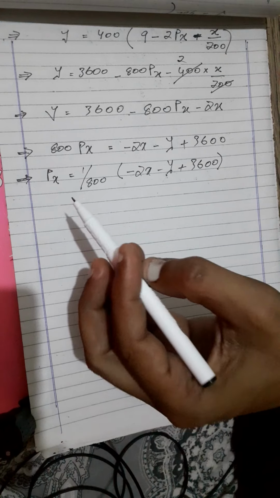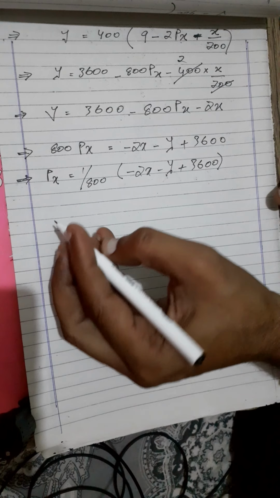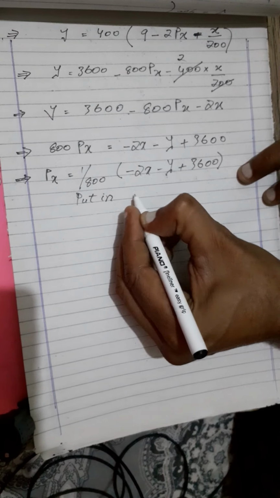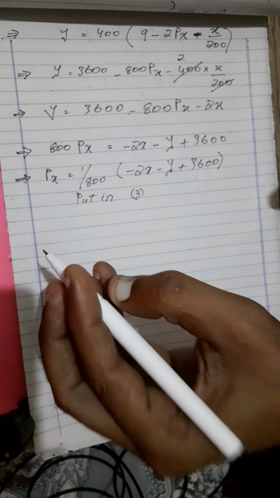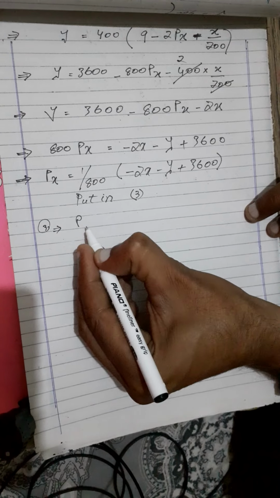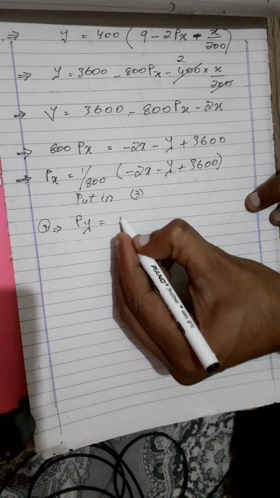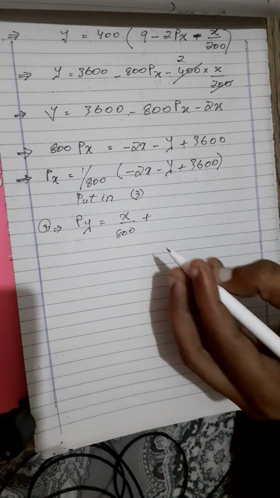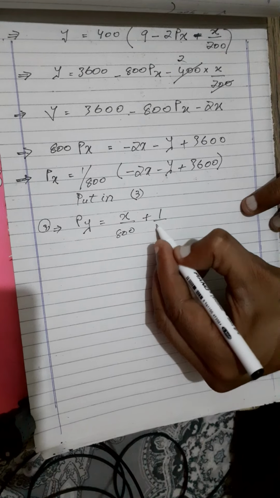Now put Px in equation 3. Equation 3 implies Py equals x over 800 plus Px, and Px is 1 over 800 times (minus 2x minus y plus 3600). Now 1 over 800 is common.